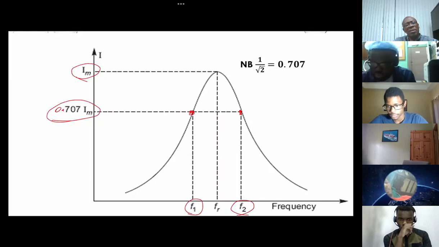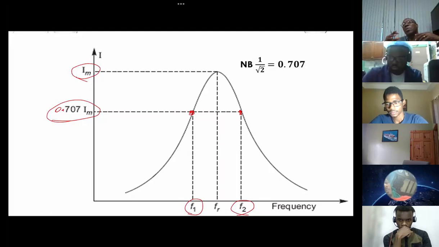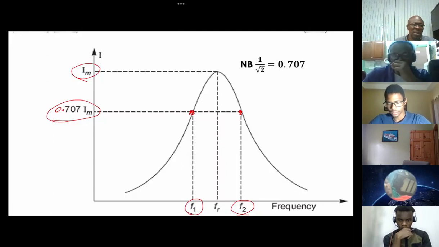The current at these 2 points will result in a certain amount of active power being produced. And we know from our AC circuits that the active power is given by I squared R. We know it's dissipated in the resistive part. We had established that already.